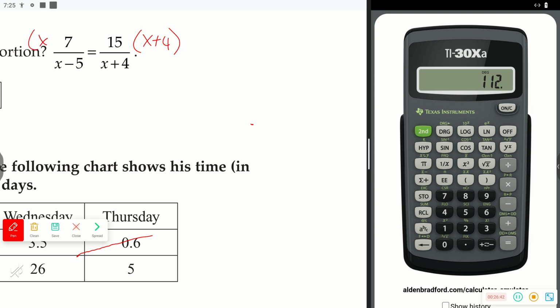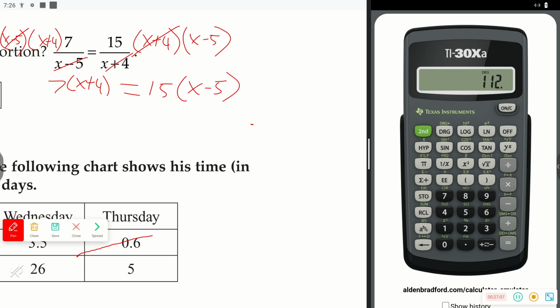So this is times x plus 4. And then for the x minus 5, we're going to multiply both sides by x minus 5. Now in this case, these cancel out, and in this case, these cancel out. So we're actually going to have 7 times x plus 4 equals 15 times x minus 5.